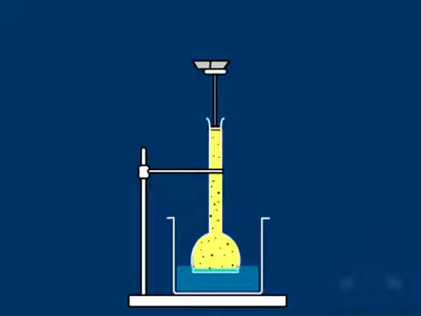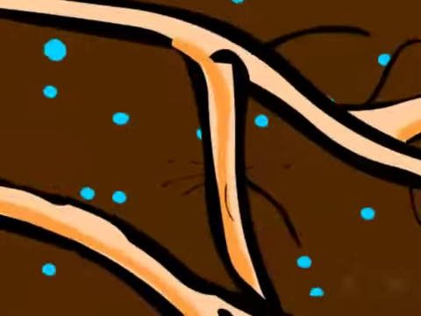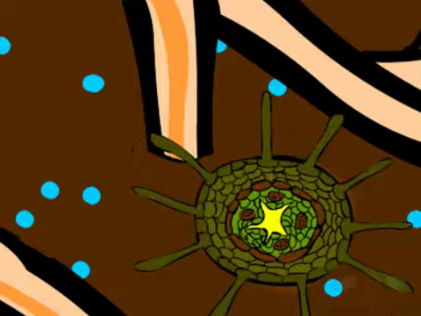Thus, this pressure is termed osmotic pressure. Now, as the amount of water in the soil is greater than in the root cells, it enters the root cells due to the osmotic pressure.